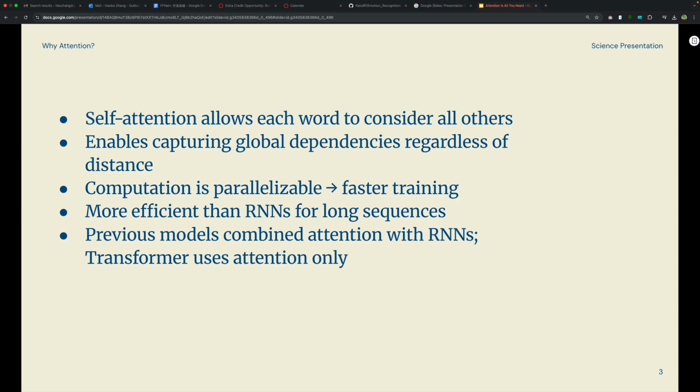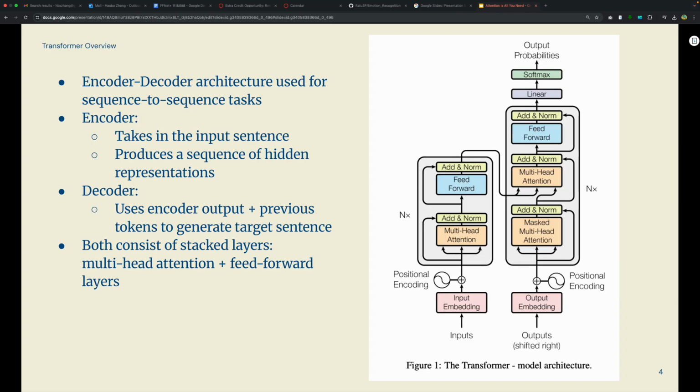This parallelization leads to a significant speed improvement during training and inference, making the model much more scalable. In short, attention improves both the accuracy and efficiency of sequence modeling and is the key to the success of the transformer.